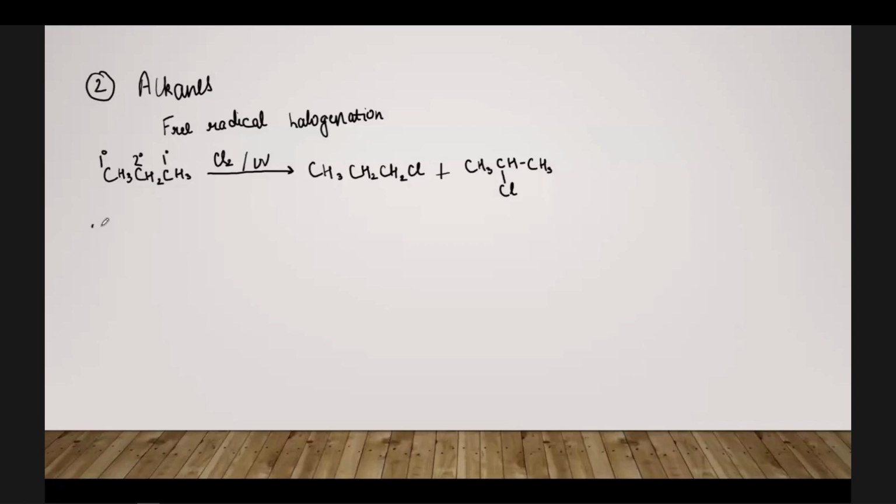Now the third category is from the alkenes. Okay. Now alkenes also involve two methods. In this also there are two methods.